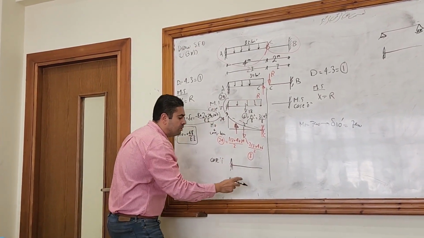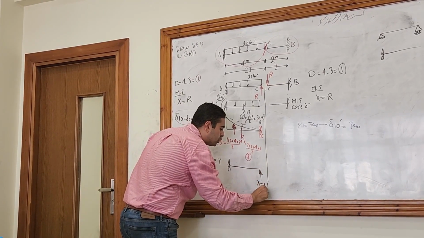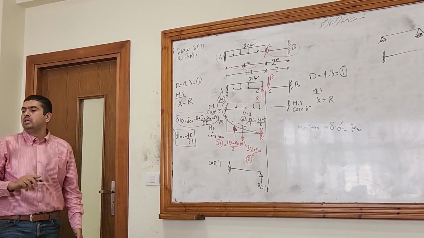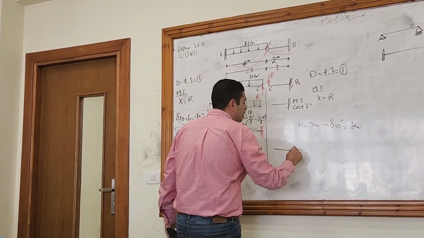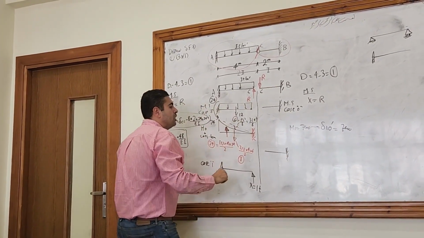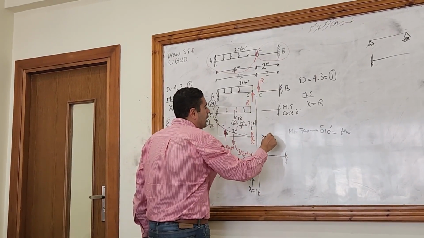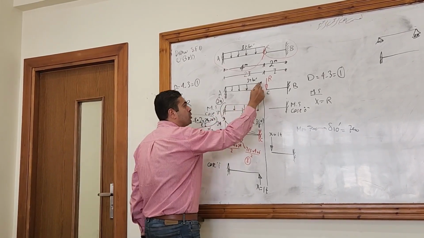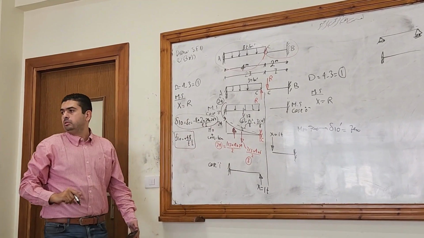So when you put the unit load, the X, you have to put it upwards. You don't have the choice. And when you are dealing with case 1 for the right hand side, you have to put X downwards as you decided from the beginning. So here you have the option, here you don't have the option.